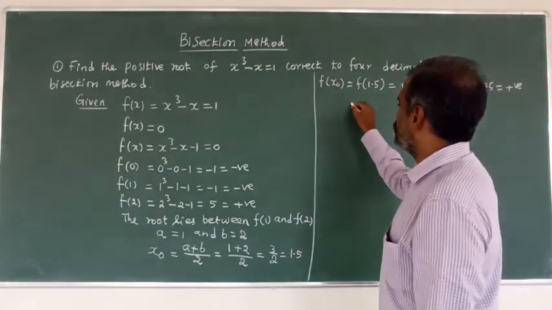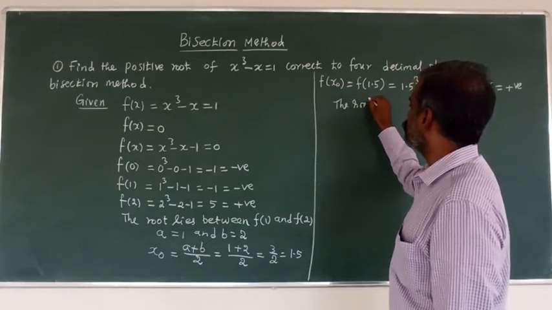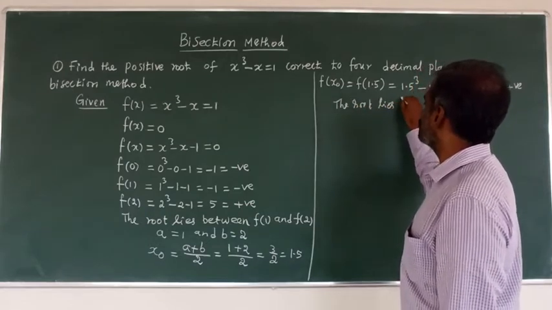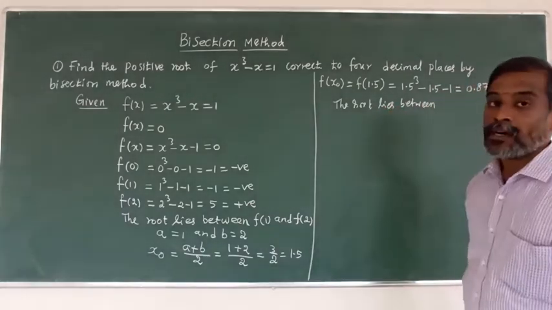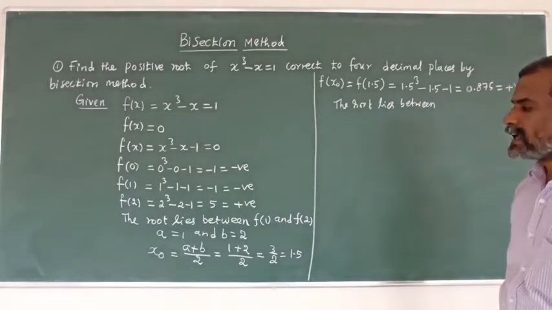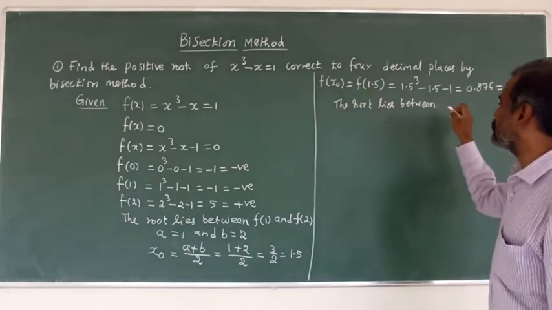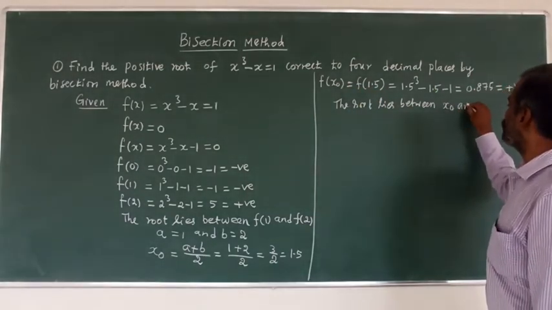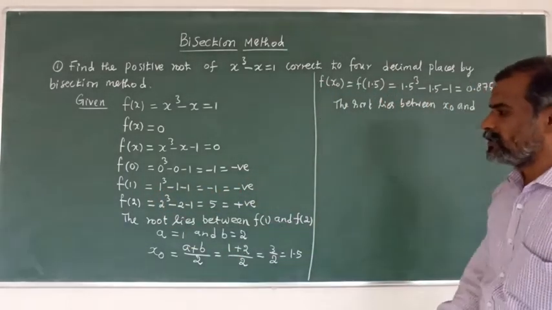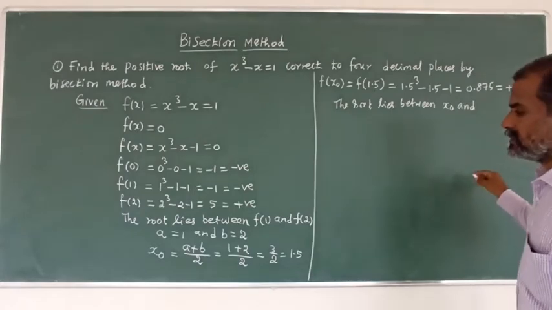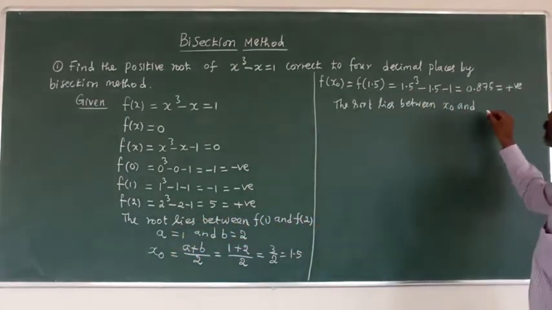Next iteration, the root lies between, we have to take one positive and one negative. This is positive, so we can take x naught and negative f of 1. F of 1 is value a.